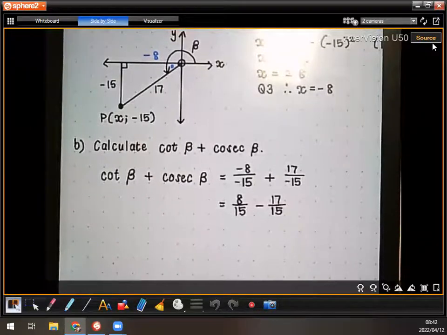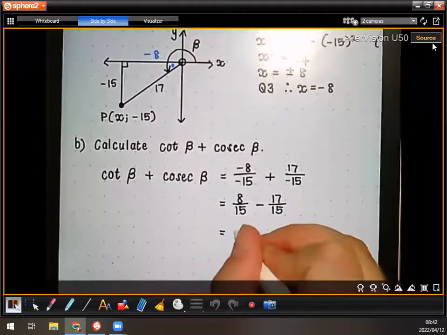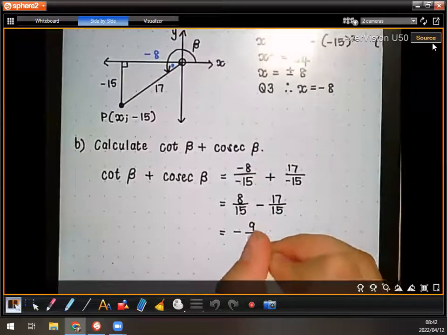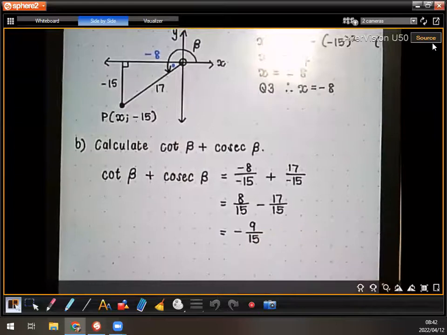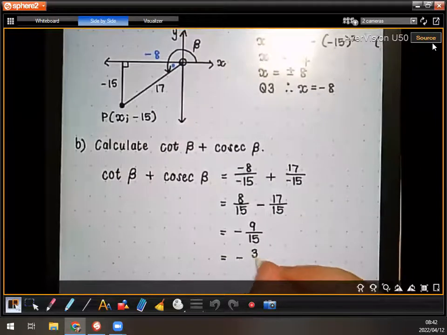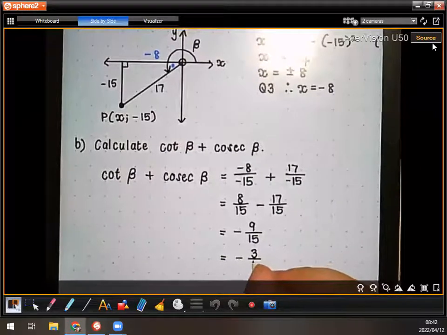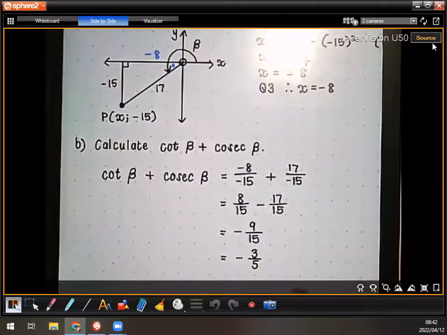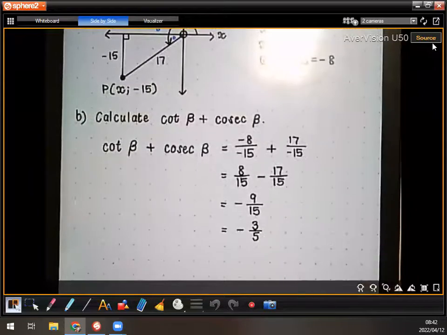What's 8 minus 17? Negative 9. Is this simplest form? 3 goes into both of those, right? 3 goes into 9 3 times and into 15 5 times. You're not stupid, you just made a mistake. Here we go, negative 3 over 5.